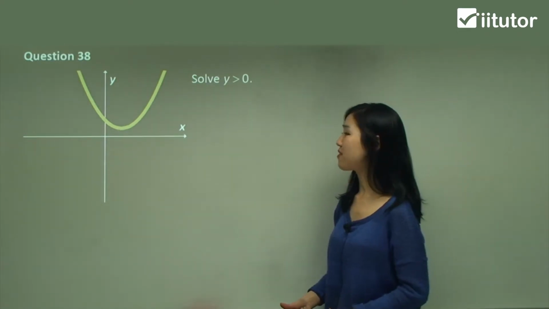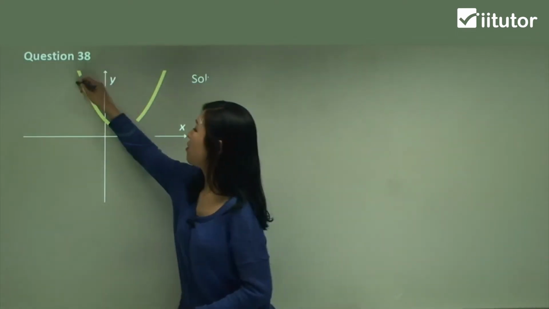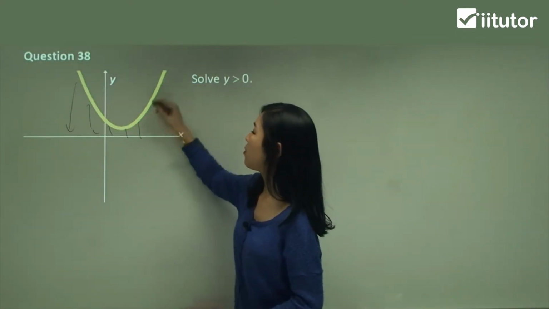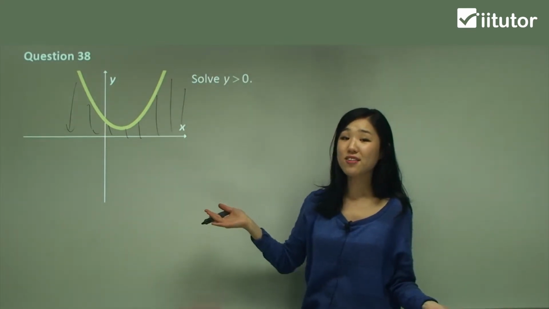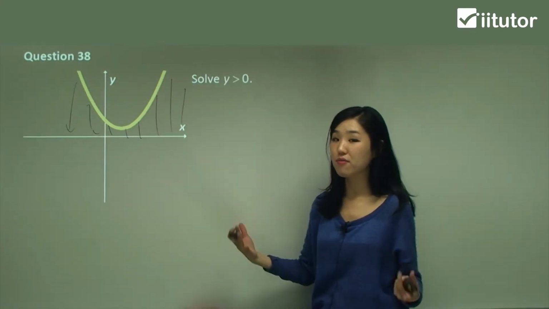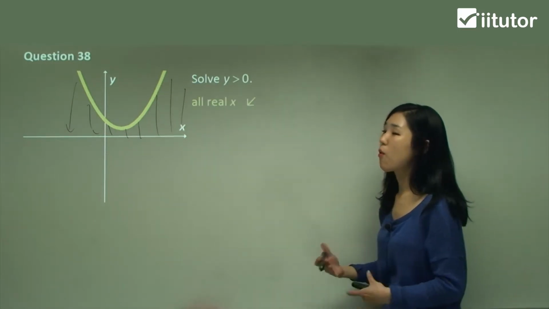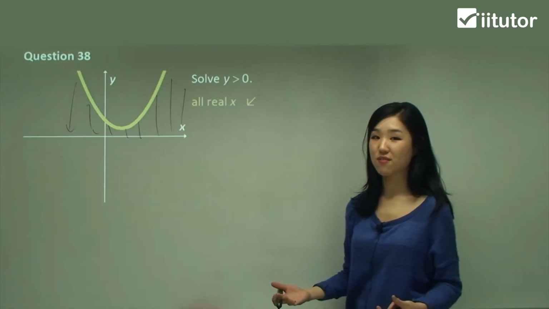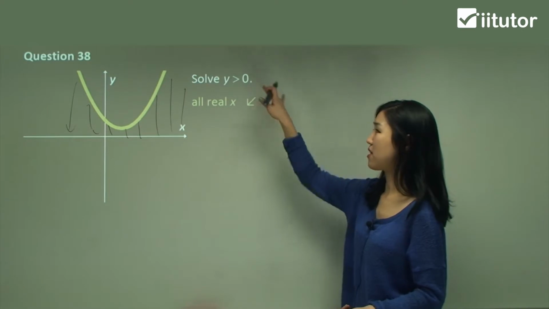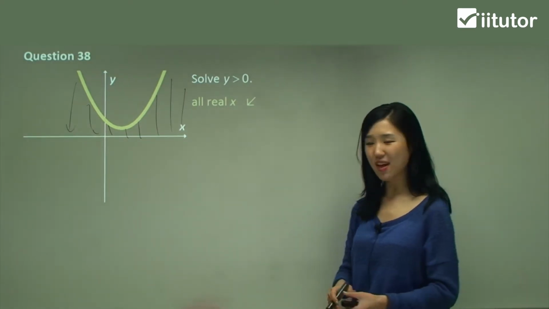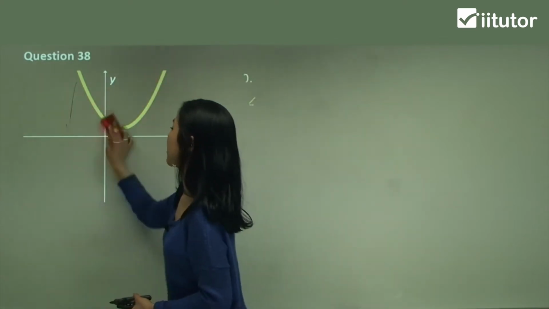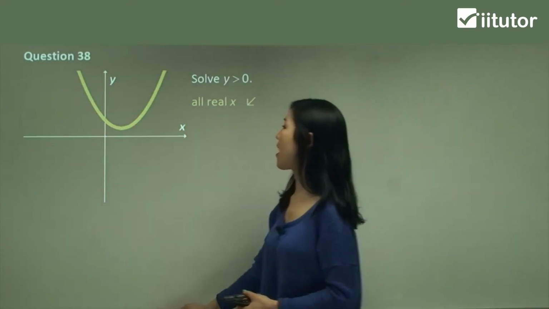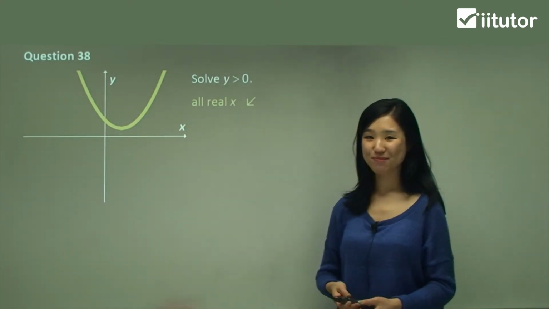So all the values of x, on and on and on, represent those x values. Because the whole graph is above the x-axis, all real values of x satisfy this region of the graph. Okay, so that was pretty simple because the whole graph was above the x-axis. Any value of x will satisfy.